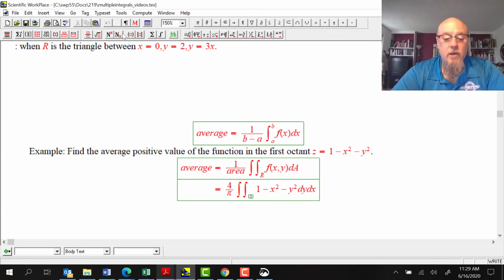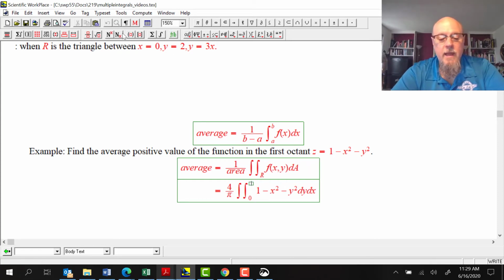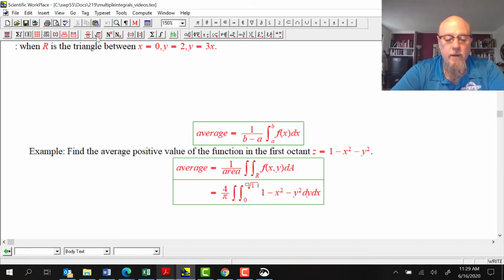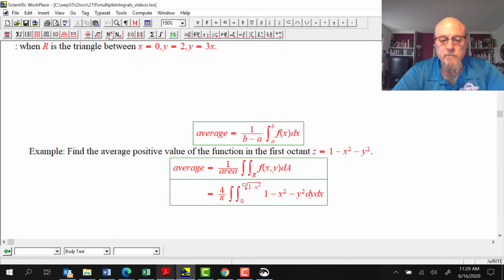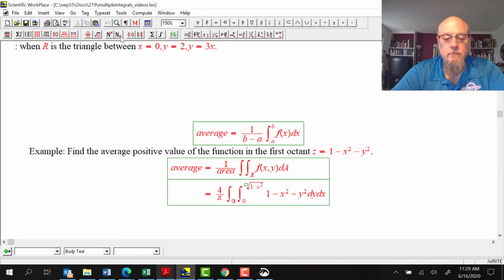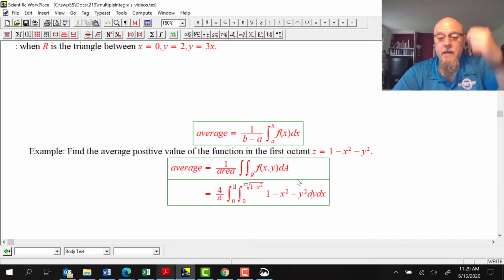Y was starting on the curve y equals 0 and ending on the curve square root of 1 minus x squared. And then x was going from 0 to 1. Okay. All I have to do, I say cavalierly, is do this integration.